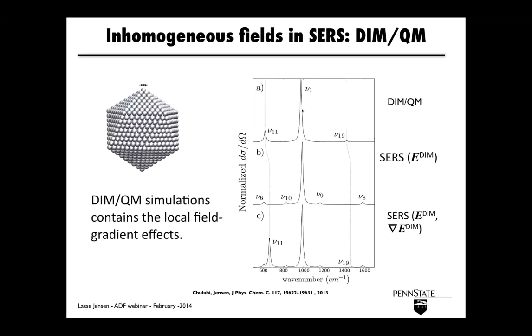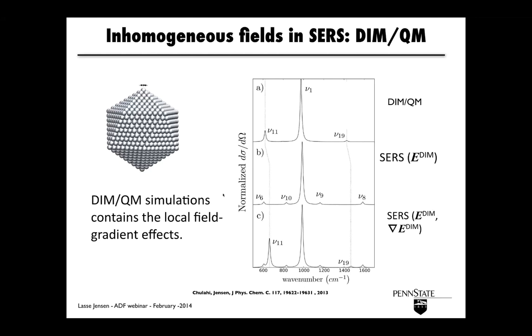You see 3 dominant modes. If you do a SERS type calculation where you only consider the electric field, you see that these modes are not appearing and these other modes are dominating. Once you do the SERS calculation again with the electric field and the field gradient, you get the same modes you see in DMQM.